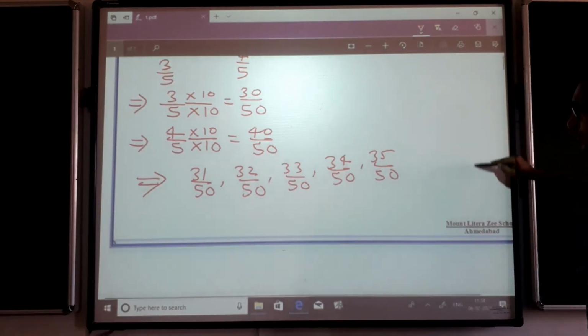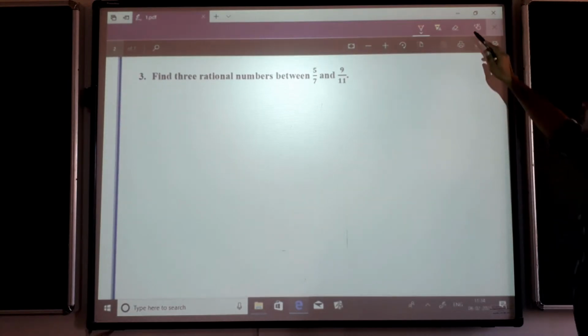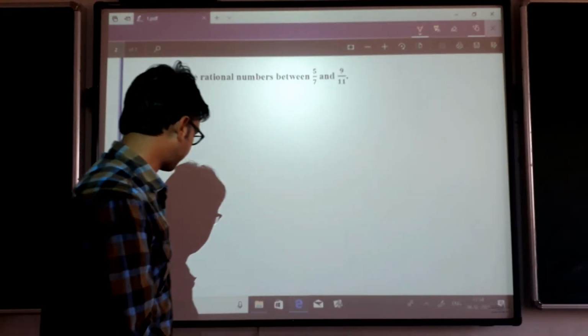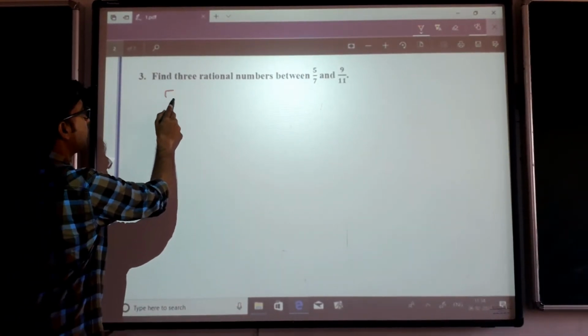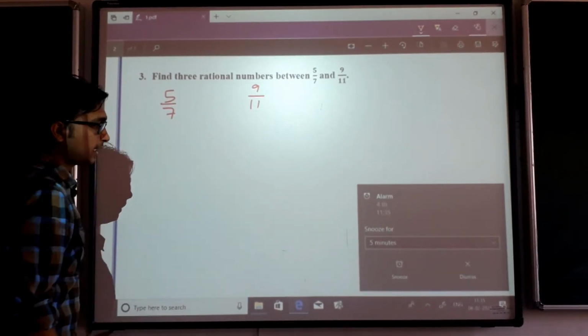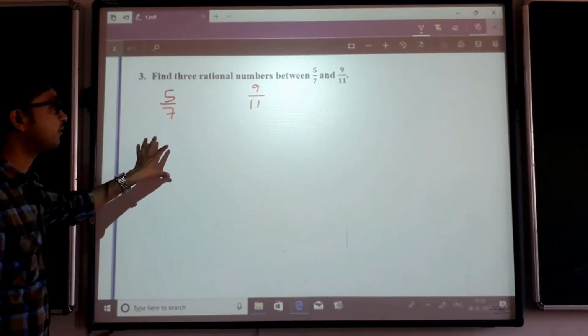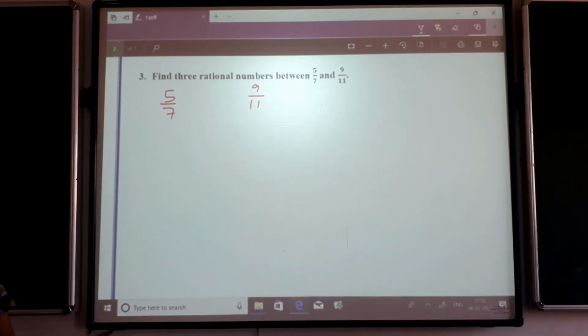So now let's move to the next question, which is find 3 rational numbers between 5 upon 7 and 9 upon 11. So let's write here 5 upon 7 and then 9 upon 11. As per the rule, the first step is to check whether the denominators are equal or not.